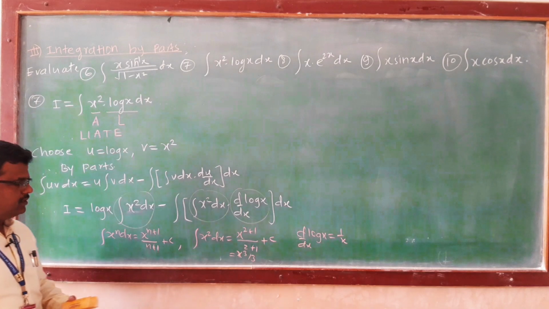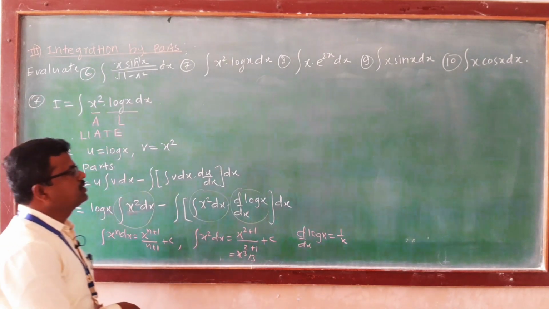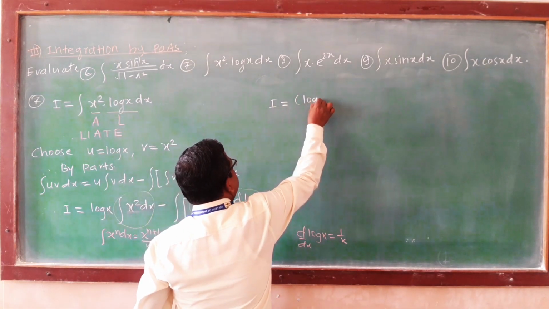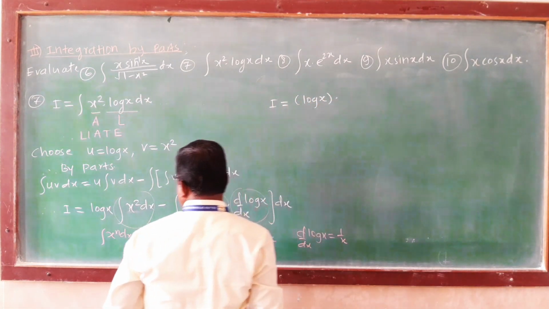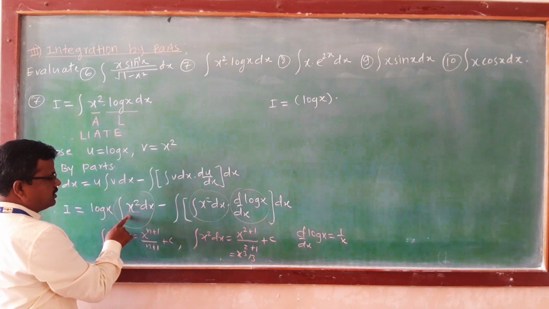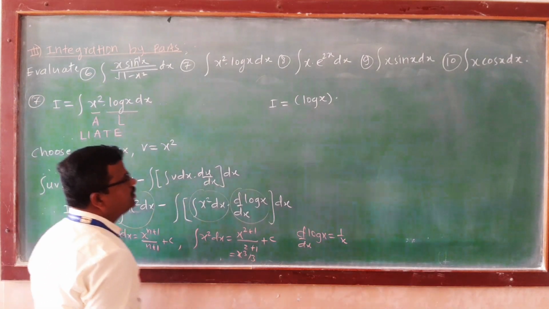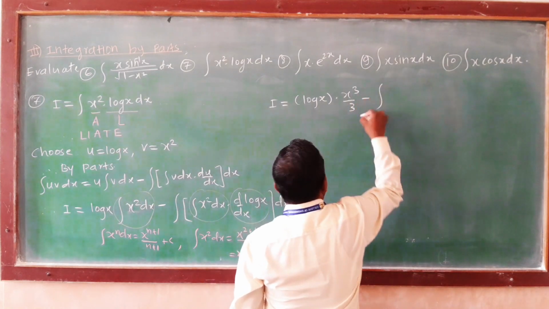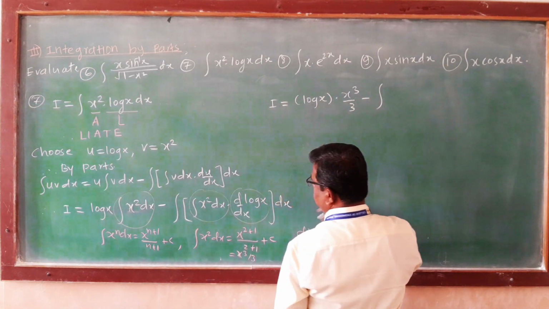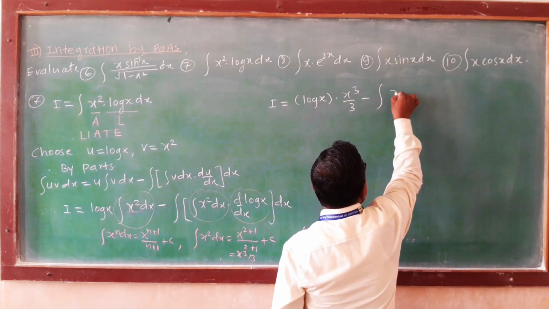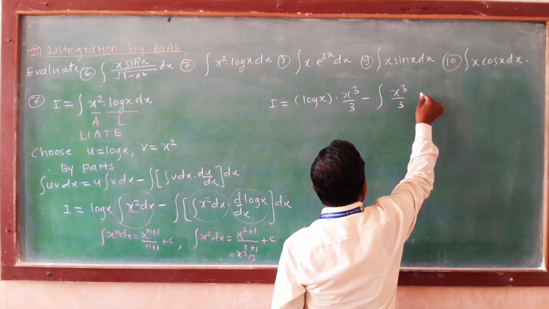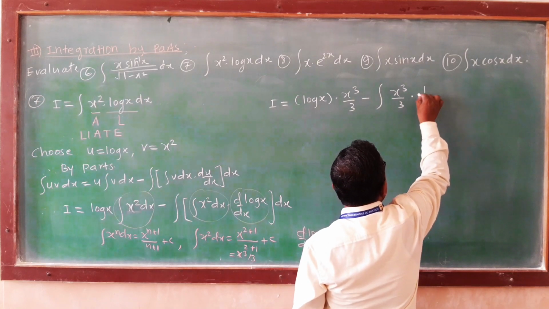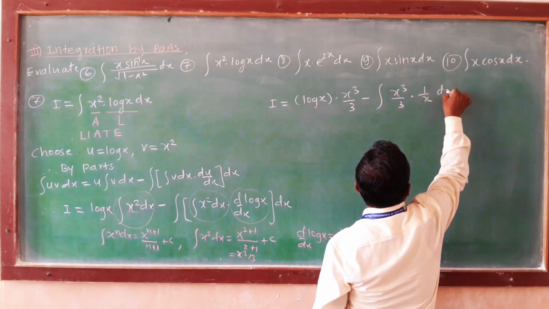Now, if we put these values in this equation, I is equal to log of x into the integration of x square, which is x cube upon 3, minus again the integration of x cube upon 3 into d by dx of log x, which is 1 upon x dx.